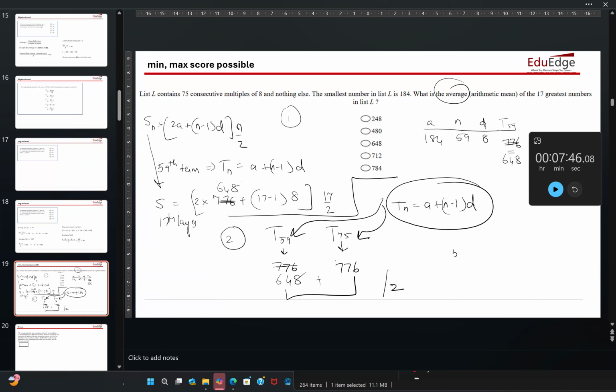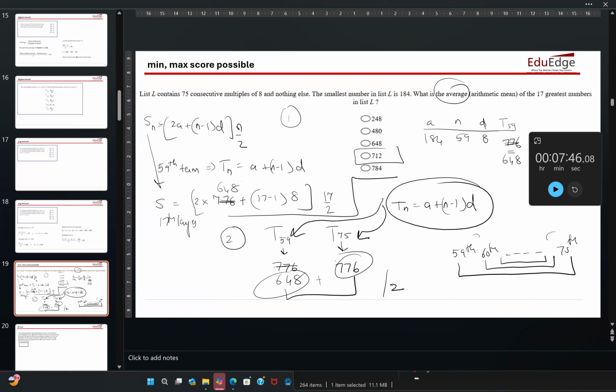Suppose you have this series: 59th term, 60th term, and so on, and the 75th term. The average is nothing but the sum of the endpoints divided by 2. So 712 exactly.